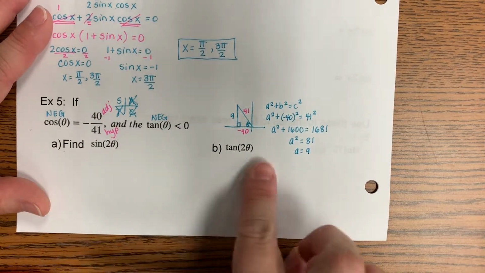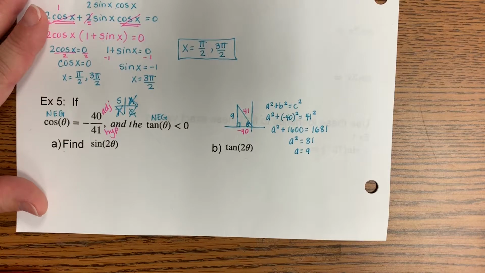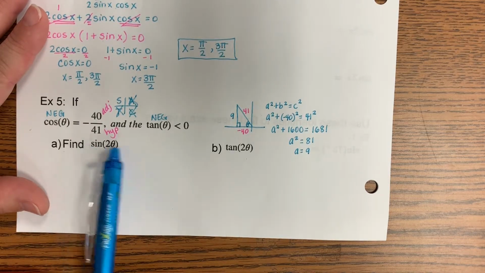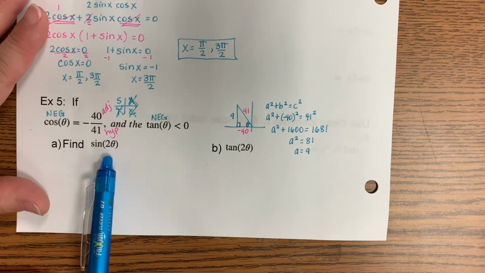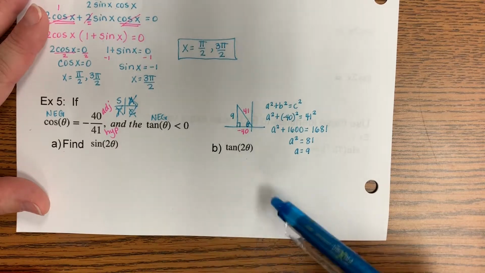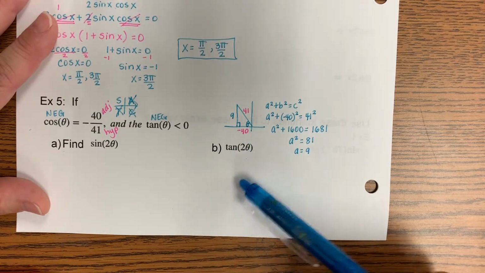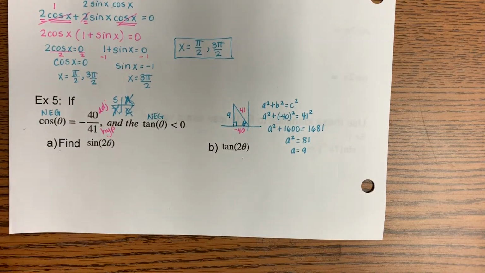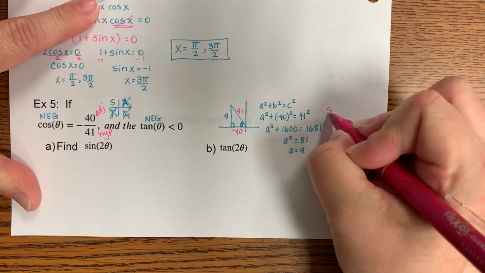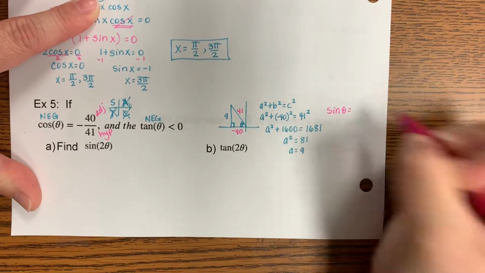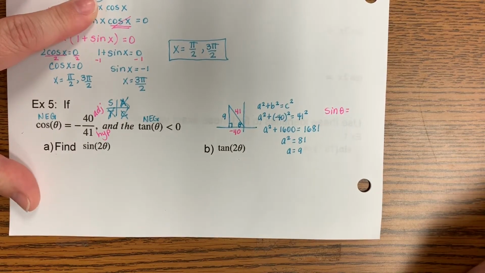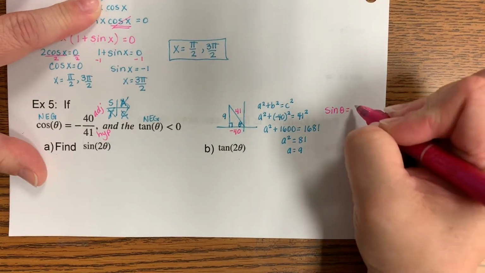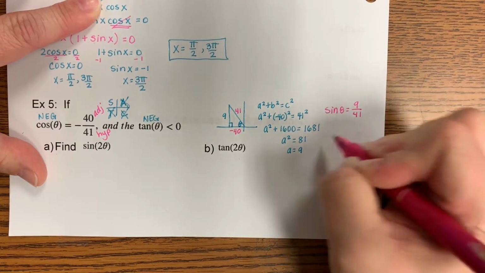In order to solve your double angle formulas, for sine of 2 theta we're going to need both sine and cosine, and for tangent of 2 theta we're going to need tangent. So I might as well set up all of my trig functions. Sine of theta is opposite over hypotenuse, so that's 9 over 41.